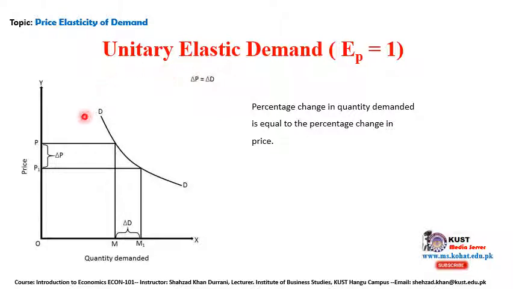This means that the change in quantity demanded is equal to the change in price, which means unitary elastic demand, and mathematically, it means that the elasticity of demand here is equal to 1, right? So this was called the unitary elastic demand.